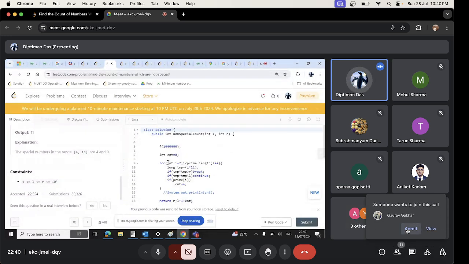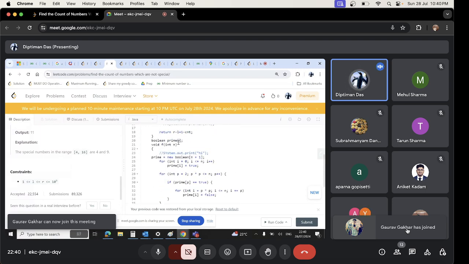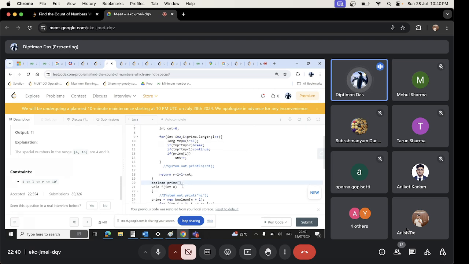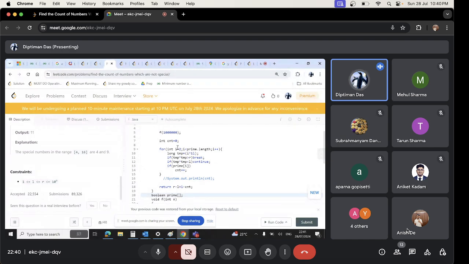Here I have done this. Basically, this is a function with a boolean prime array which stores the prime numbers up to 10 to the power 6; we can also take 10 to the power 5.